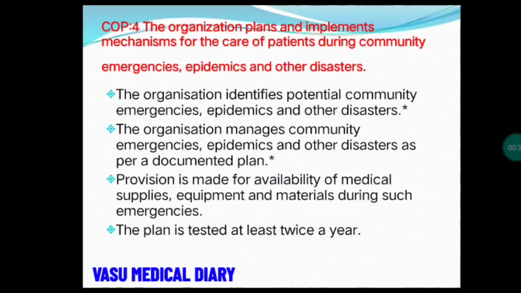The organization manages community emergencies, epidemics, and other disasters as per a documented plan. Provision is made for availability of medical supplies, equipment, and materials during such emergencies. There should be a disaster management cupboard separately, and there should be a mock drill. The plan is tested at least twice a year with the mock drills.